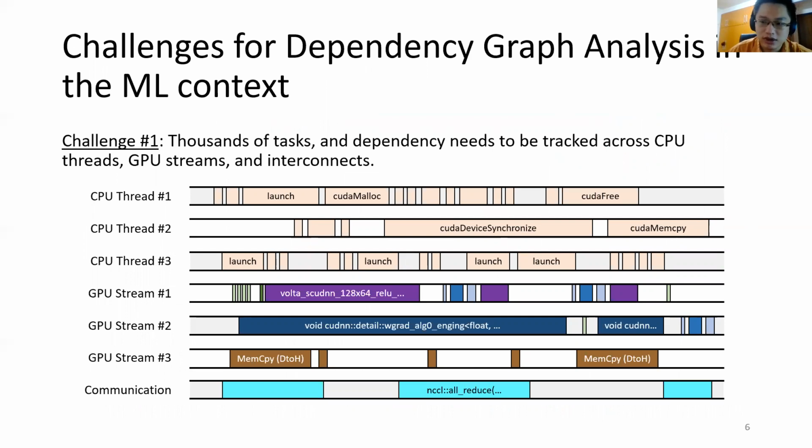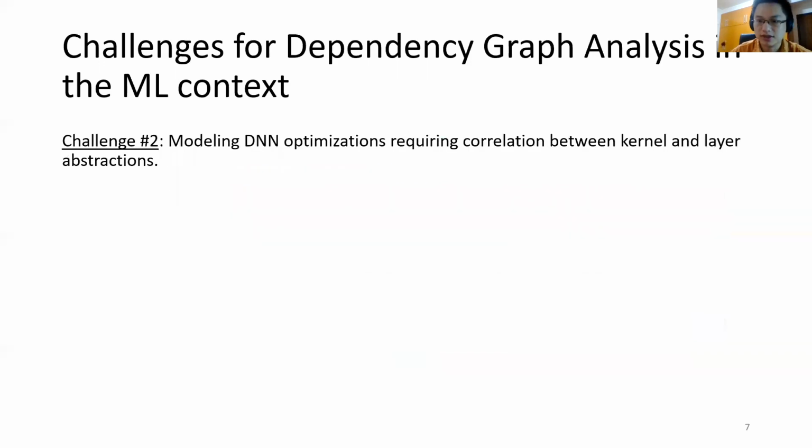Each box here corresponds to one GPU kernel or a CUDA API call, and we'll have a corresponding node in the dependency graph. And there are usually thousands of such boxes in just one training iteration, meaning that the graph will be huge. And the dependencies need to be tracked across all these traces at different threads and streams.